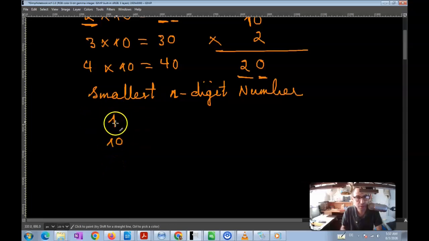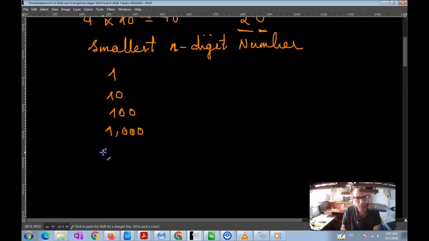Here I'm making the assumption that numbers start from 1, meaning that I'm not taking 0 into consideration. The smallest 2-digit number is 10. The smallest 3-digit number is 100. The smallest 4-digit number is 1,000. The smallest 5-digit number is 10,000, and so on and so forth, right?